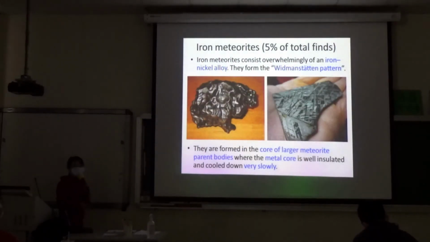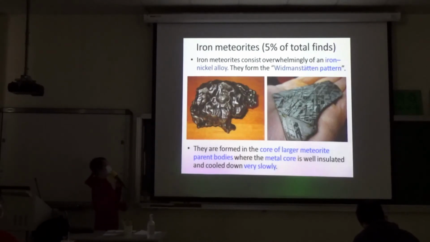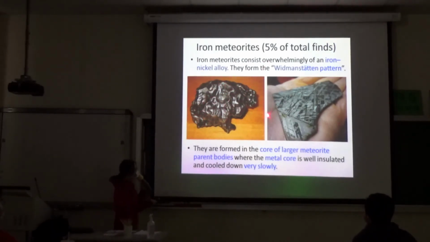Iron meteorites, 铁质陨石. It's 5% of total finds. And this kind of meteorite is just a piece of iron. Pure iron, sometimes with nickel. And if you cut through the meteorite, you will see this very unusual pattern.